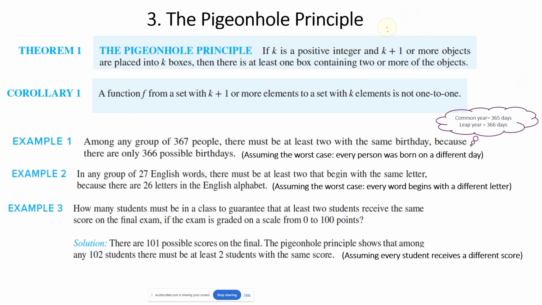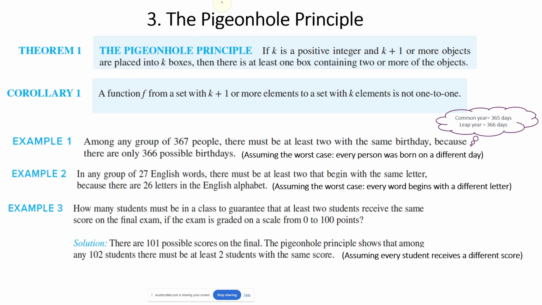So that's what we were saying. We have 9 boxes, k is 9, and we have 10 birds that go into those, so that means one of the boxes contains 2 or more of the birds. So that's basically the idea.